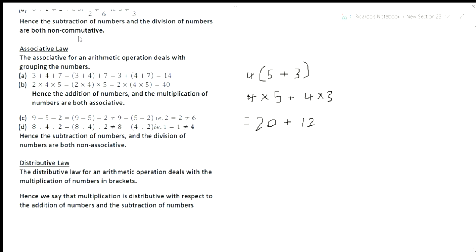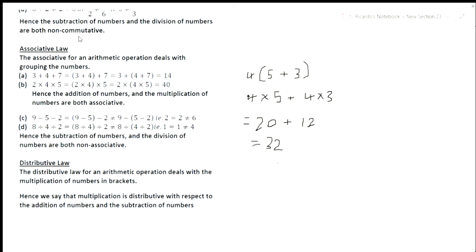Then we can just add these two numbers and we get 32, which is equal to 32. Okay, and that would have resulted in the answer.